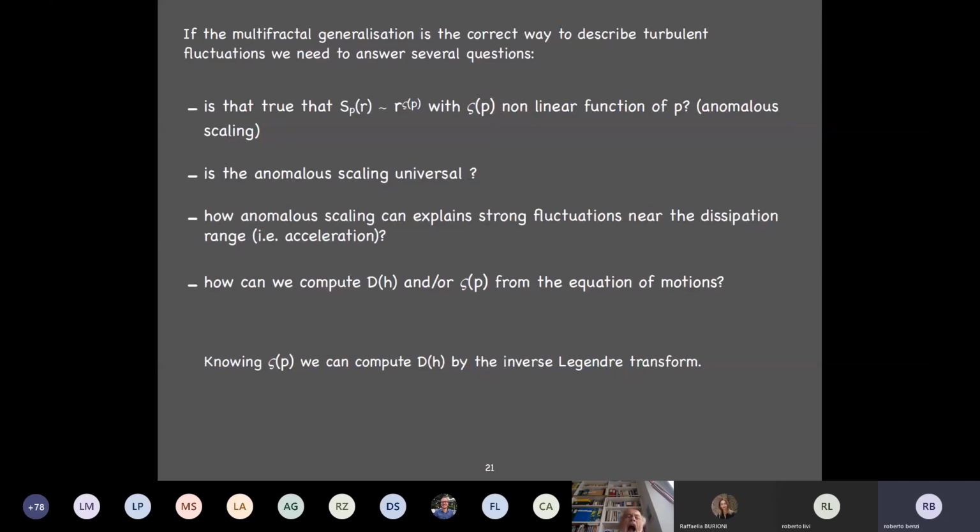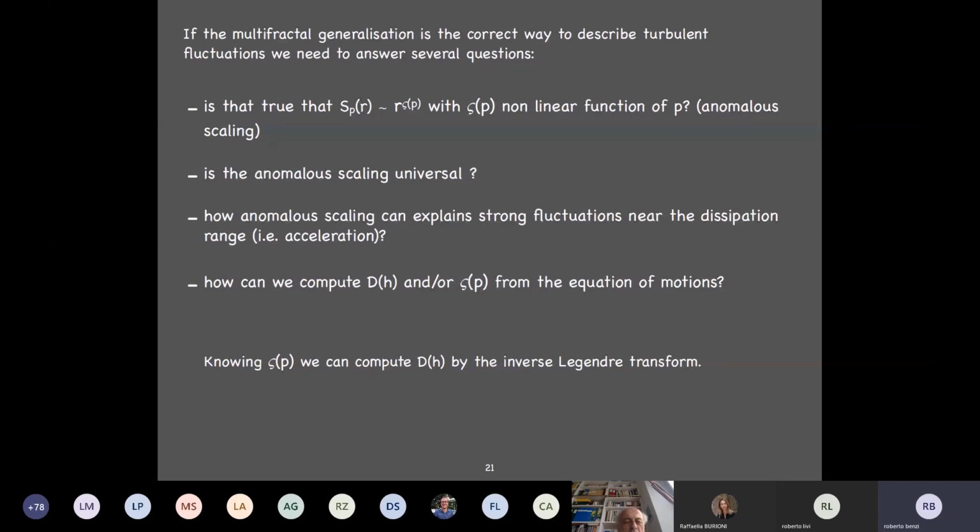And then finally, how can we compute d of H or zeta p or whatever we want? I mean, the two things are related because zeta p is the Legendre transform of d of H, and of course, d of H is the inverse Legendre transform of zeta p. So the two quantities are clearly related, and we should give some hint on how to compute this.